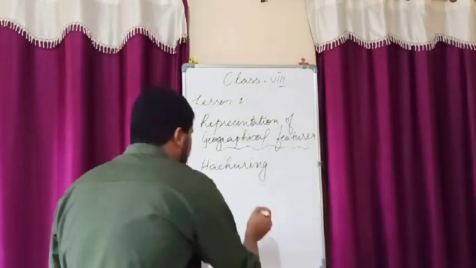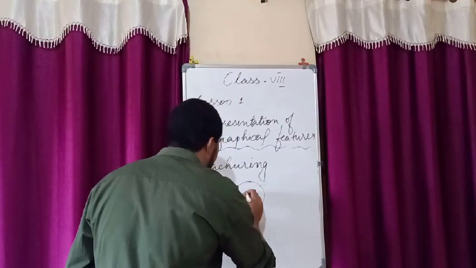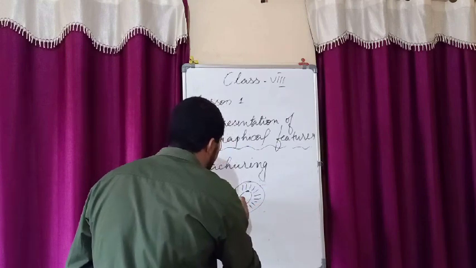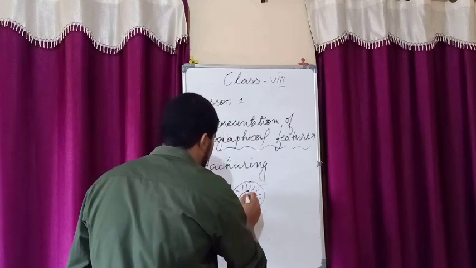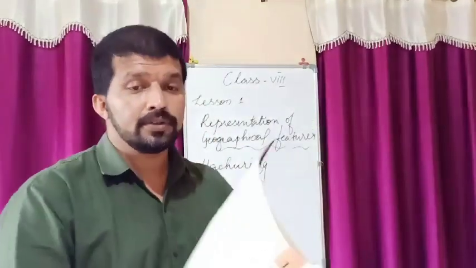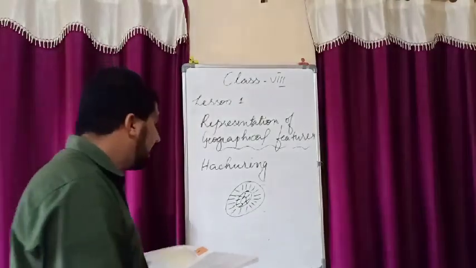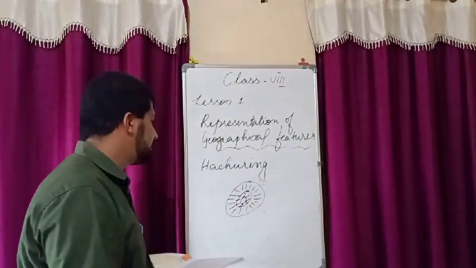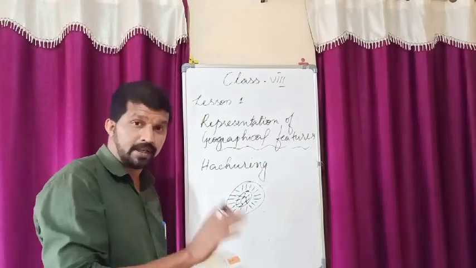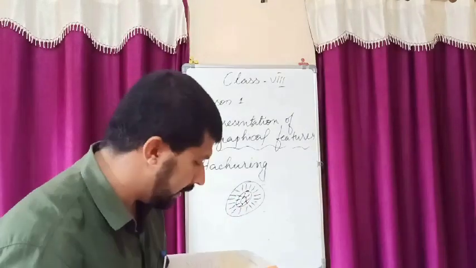Even if a hill is there, it is represented by a good number of small lines. The disadvantage of this one is that it is not giving the actual height of a mountain.